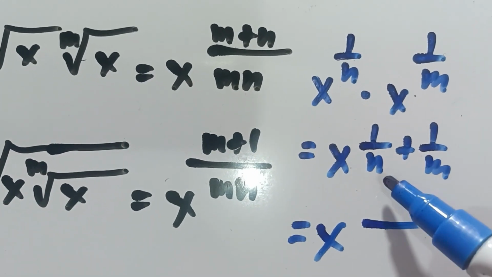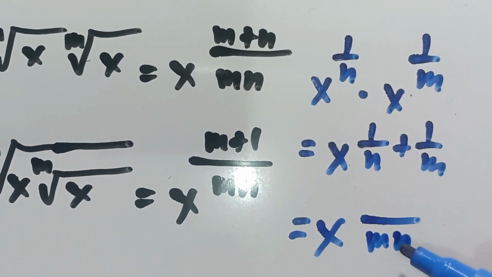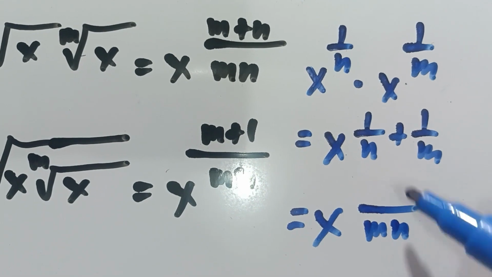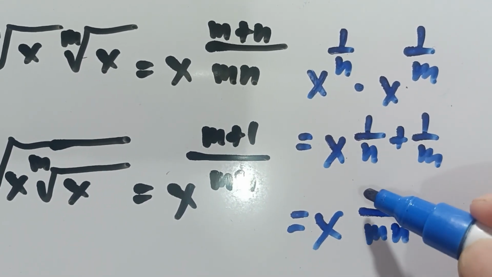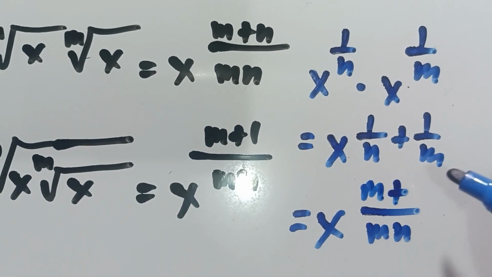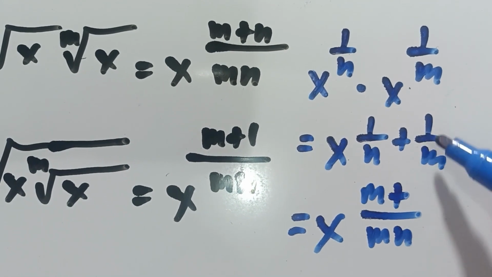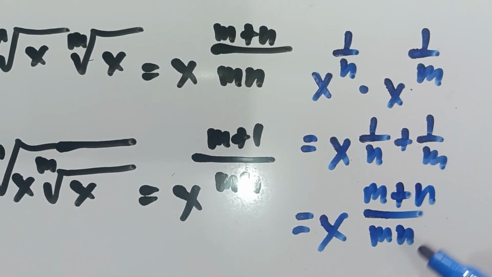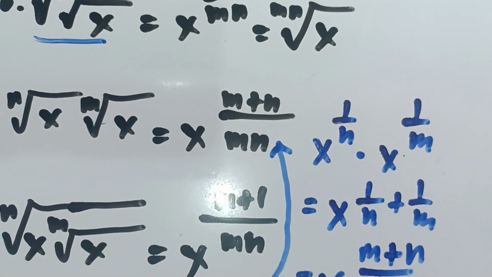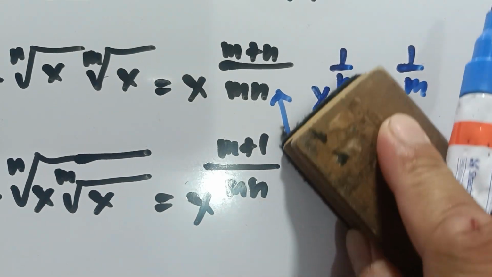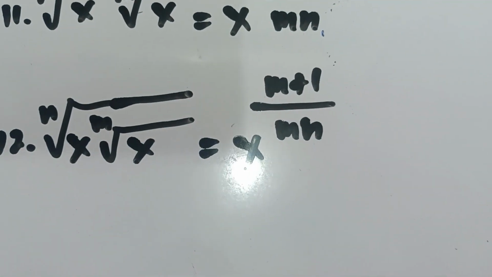The LCD is mn. mn divided by n, cancel n, and the remaining is m times 1 equals m, plus mn divided by m, cancel m, and the remaining is n times 1 equals n. And this formula is the same. So this is correct formula number 11. Just remember this formula.